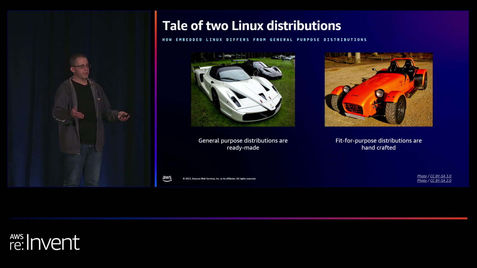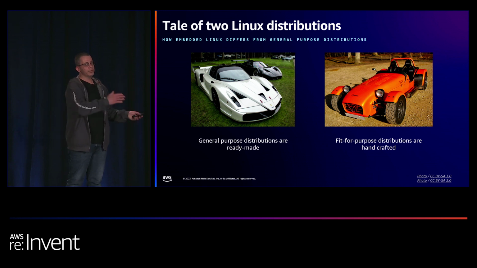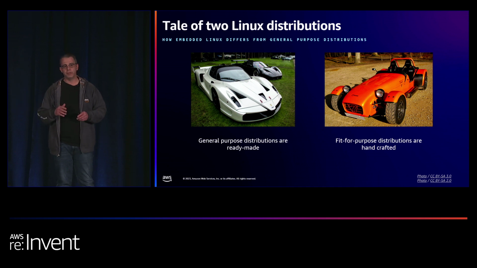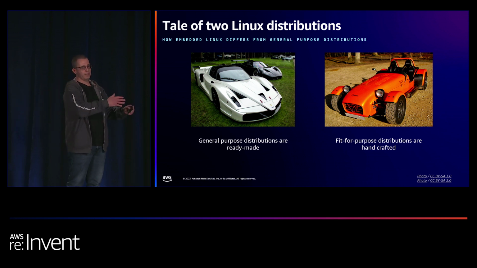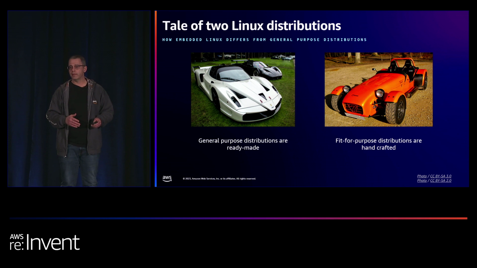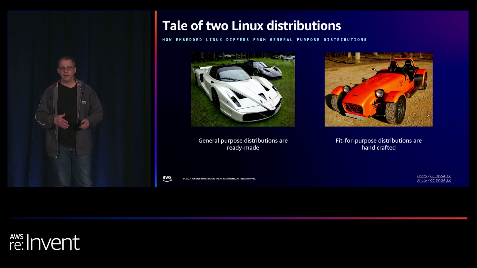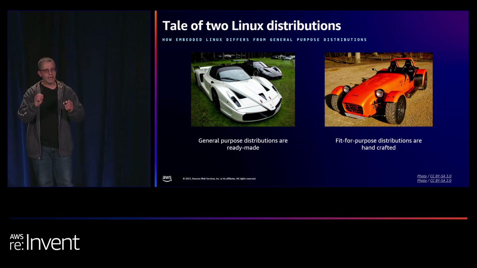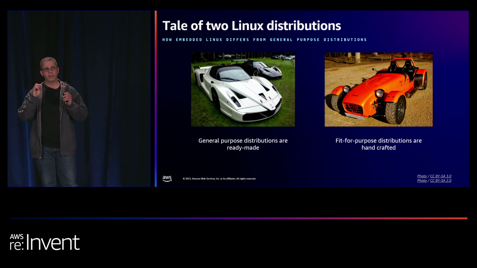So the real difference between a commercial distribution and an embedded Linux distribution is that one is like an operating system you pull directly off the shelf, any of those fancy Linux distributions. With the other, I want to know every little tune I can make to the system to make it operate as efficiently as possible and reduce things like the security footprint on the device.